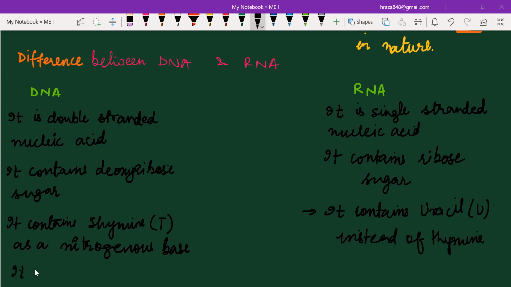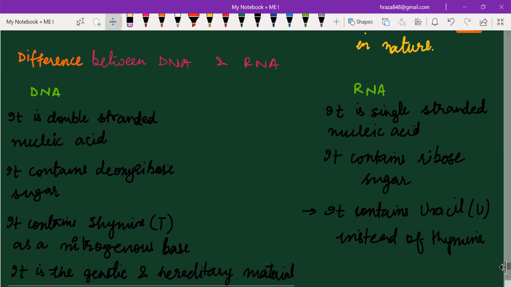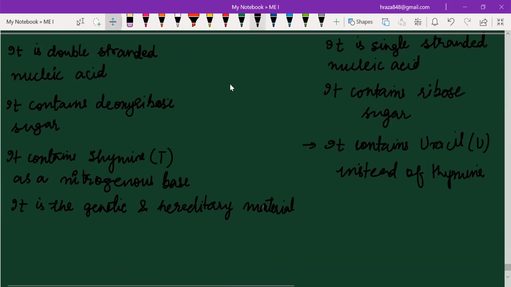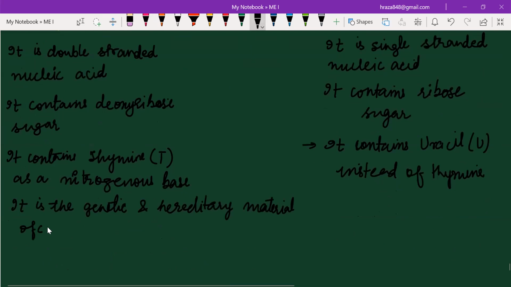Next, we can write, DNA is the genetic and hereditary material of the cell.